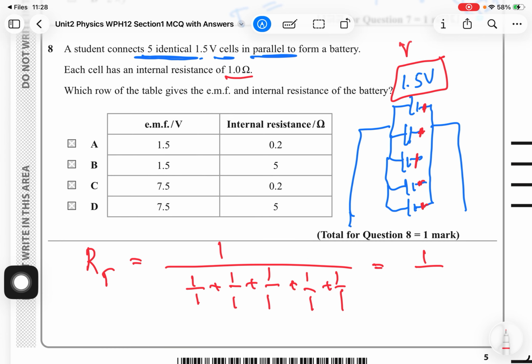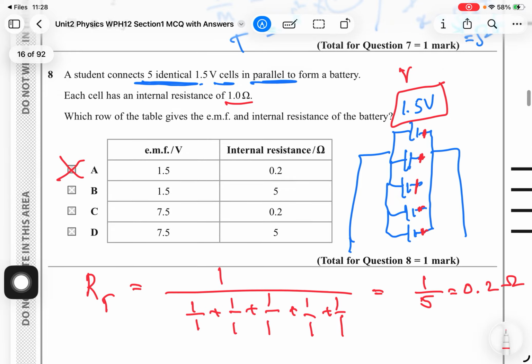So this is going to be 1 over 5, which is 0.2 ohm. So this is how we get that question. The answer is going to be A, because they are in parallel.